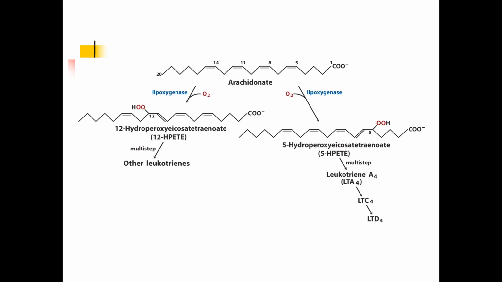And then a drug called zileuton. Zileuton is an inhibitor of the lipoxygenase. It's not available in the US because it's linked to liver damage, but it's available overseas as a treatment for chronic asthma.